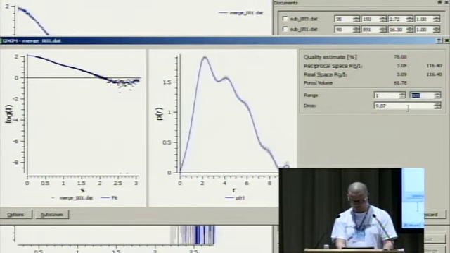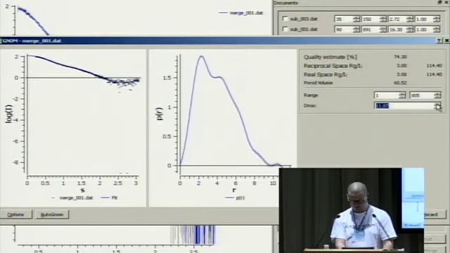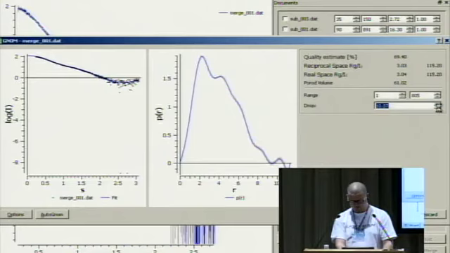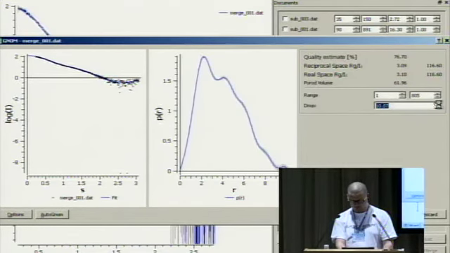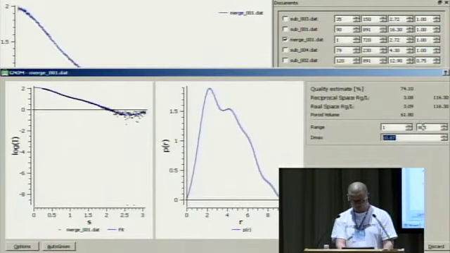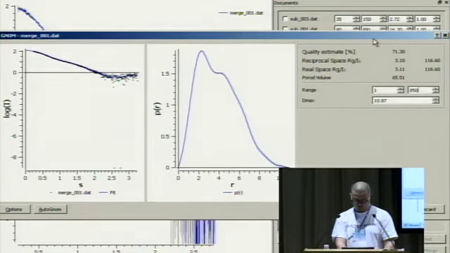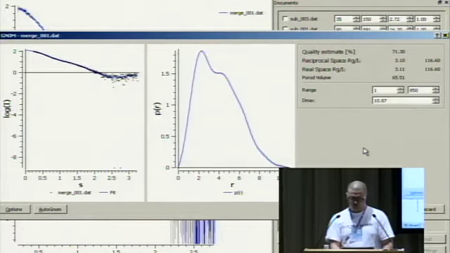Yeah, something like this. So here we take higher angles into account.